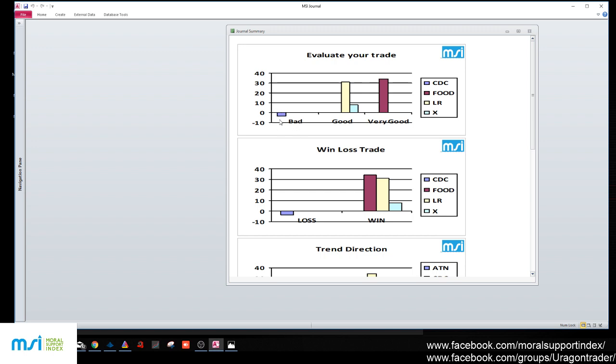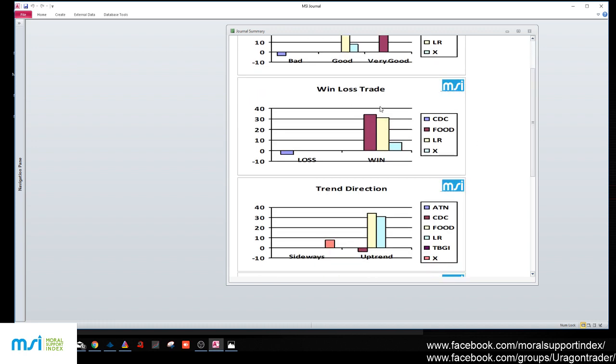So ibig sabihin, bad trade siya or lost trade. Then we have some good trades, 2 good trades, which is LR and X, and we have a very good trade with food. So with this analysis, you can say that your trades are good, mainly because you have more good and very good trades rather than the bad trades.